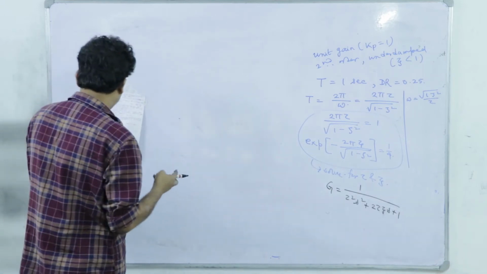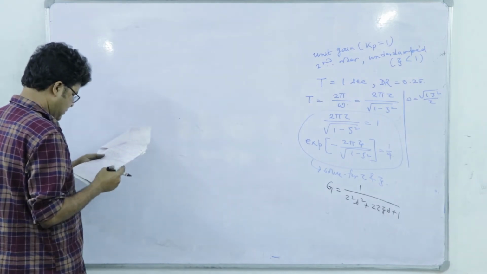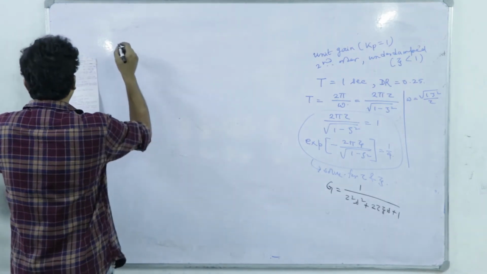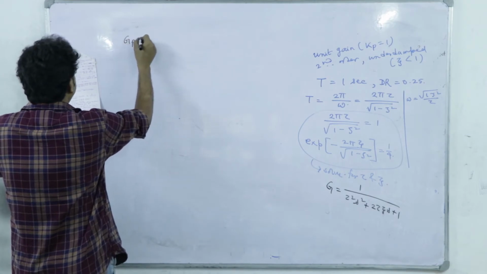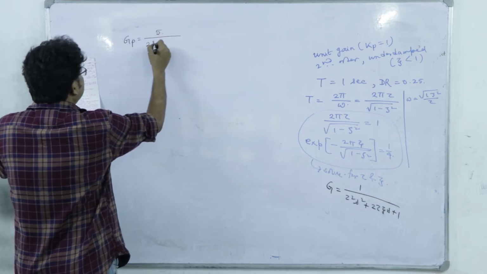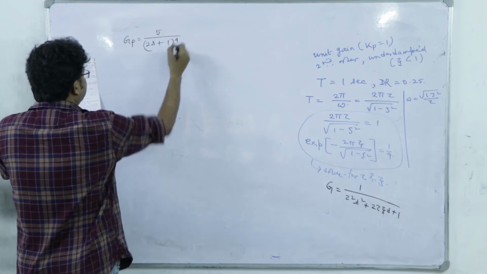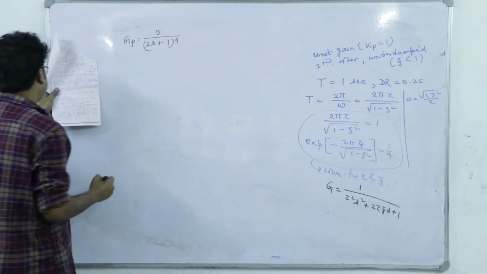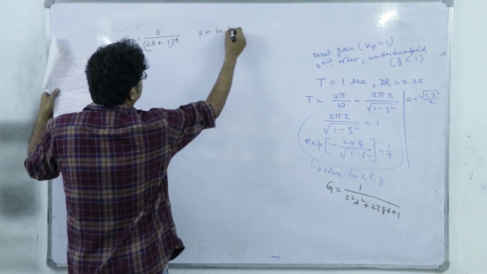Next, consider the following transfer function Gp equal to 5 divided by 2s plus 1 to the power 4, right. Time constant is in second, 2 is in second.